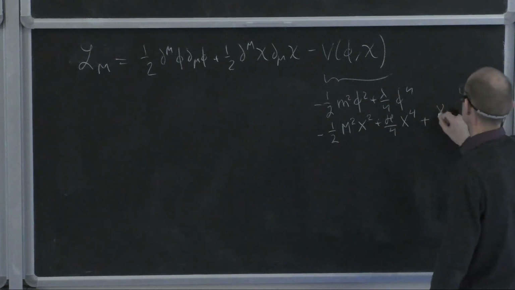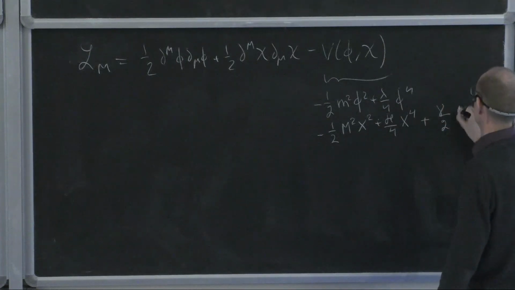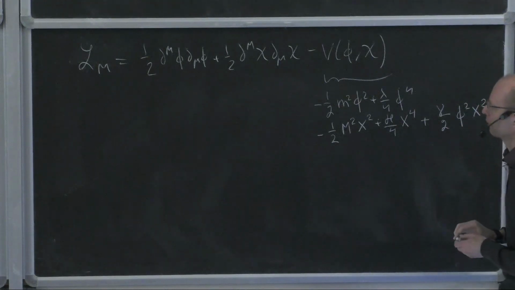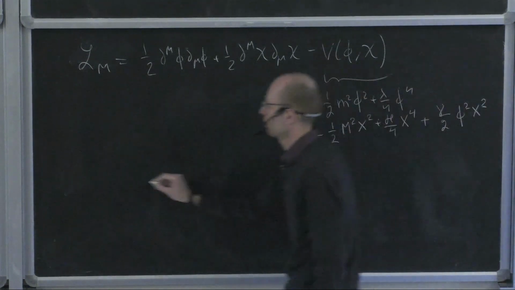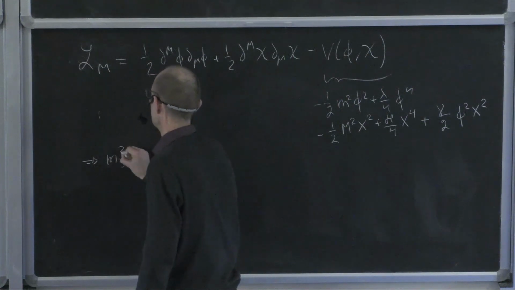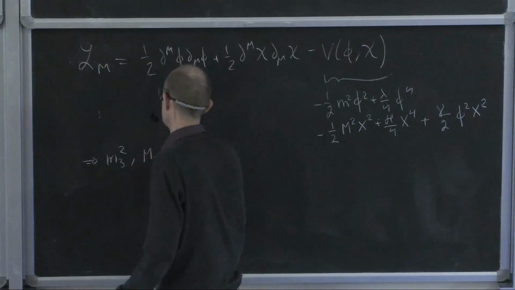And then we add some interaction between these fields. And now we can play exactly the same game as we did. We can compute the effective, well, the three-dimensional effective theory.